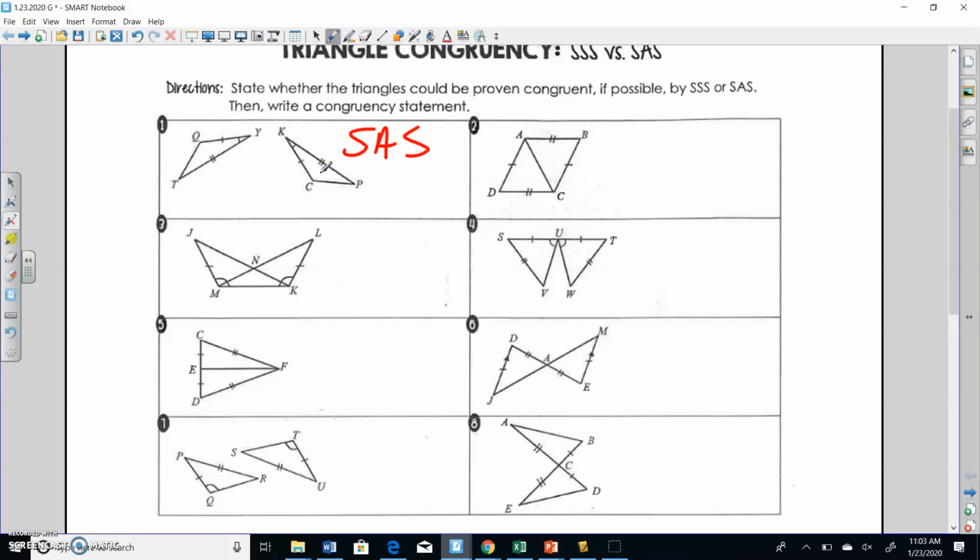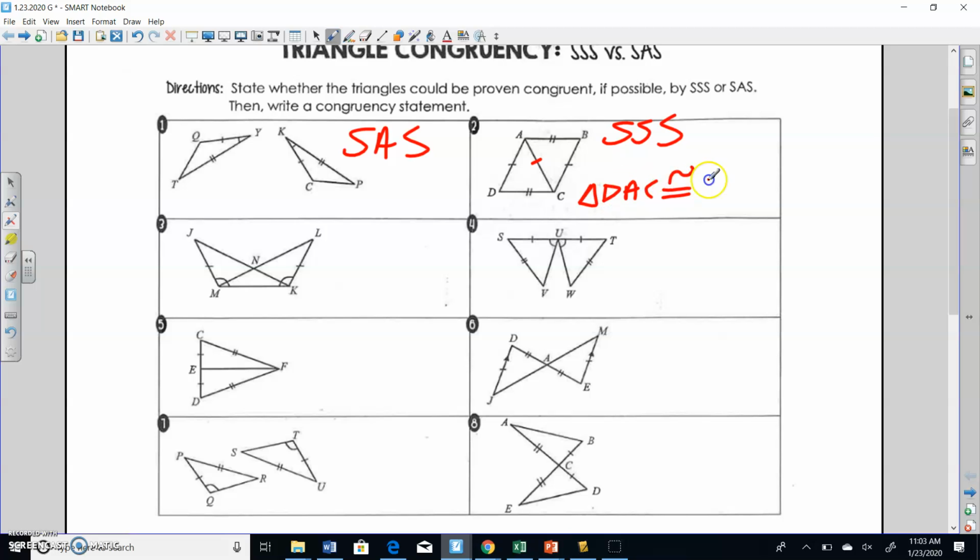Okay. Number 2, Cameron, did you say that those were congruent? And by which one? Side, angle, side? Yeah, side, side, side, because it's reflexive. They share that side. And let's say, for example, the first triangle, you're going to call it DAC.